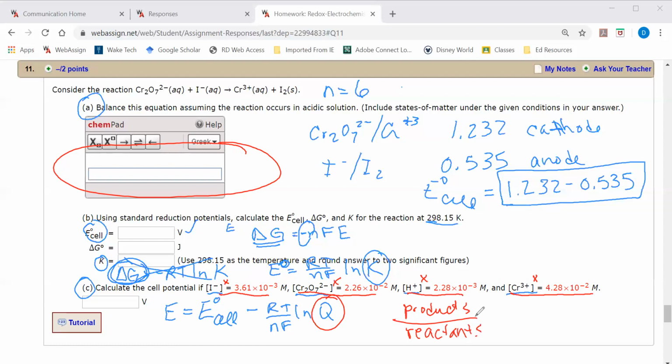And just the sheer volume of numbers that you are plugging in there makes it easy to make an error in that calculation.